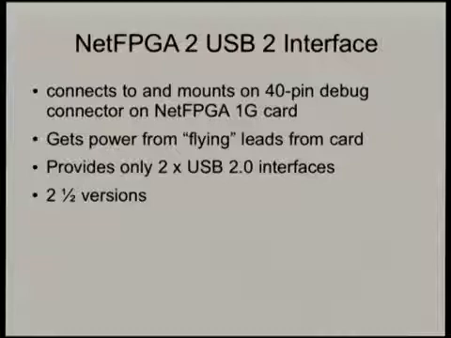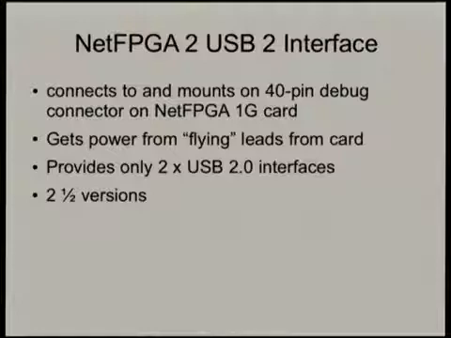You might have seen a lead which brings power that needs 2.5 and 3.3 volts, neither of which come across the USB interface. The 2.5 volts and 3.3 volts come off the NetFPGA board, but they don't come through the debug connector.